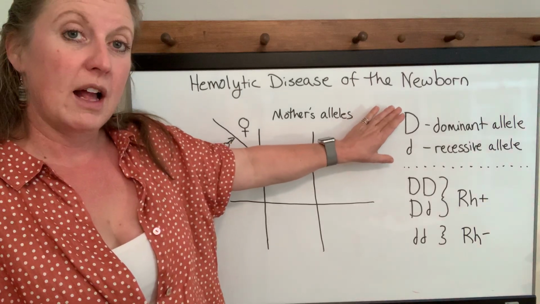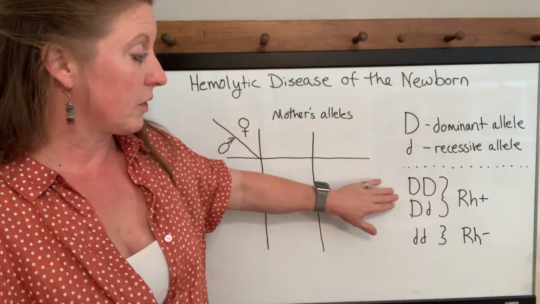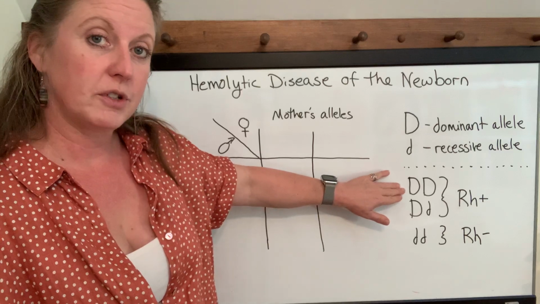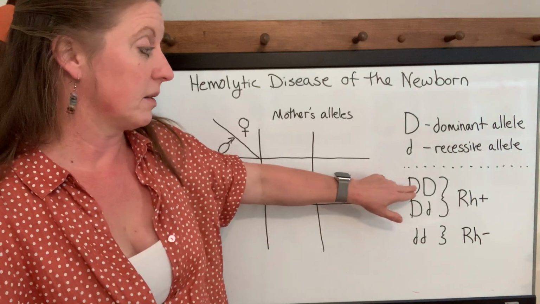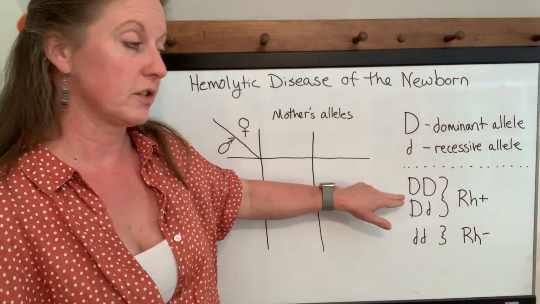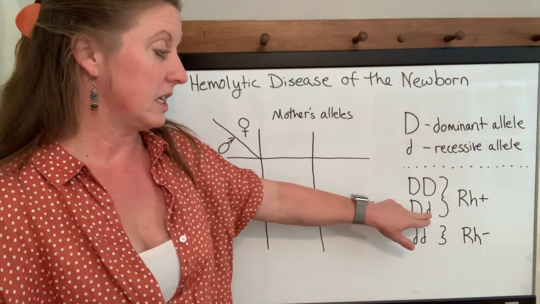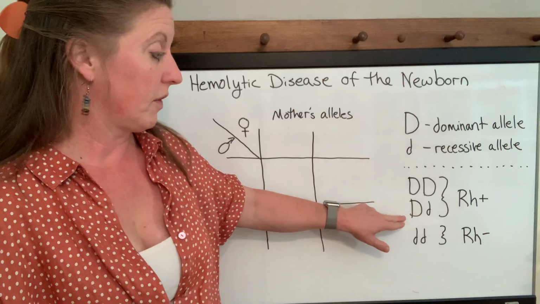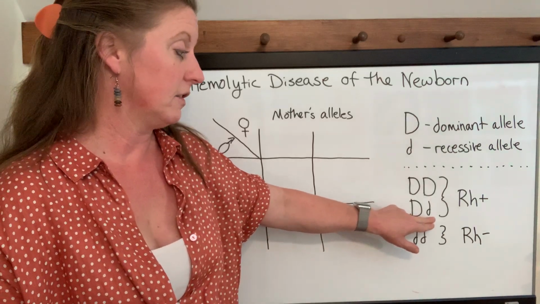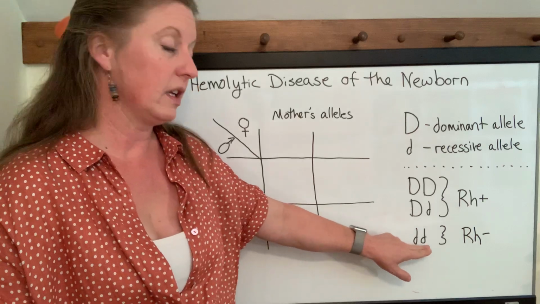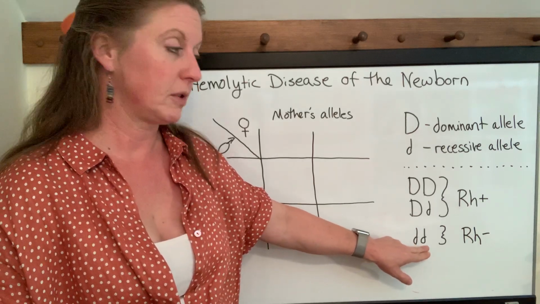So since we all have two of these, the three combinations that we can have to determine blood type are big D, big D, so we inherited a dominant allele from each of our parents, or big D, little d, so one of our parents gave us the dominant and one gave us the recessive, or little d, little d. So these are the only three options.